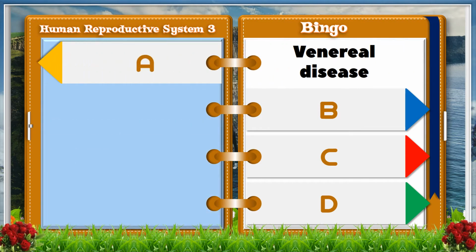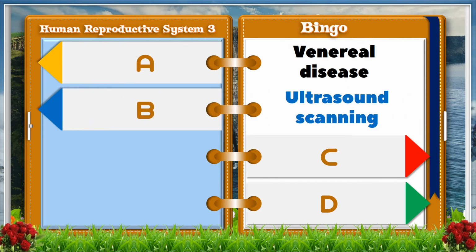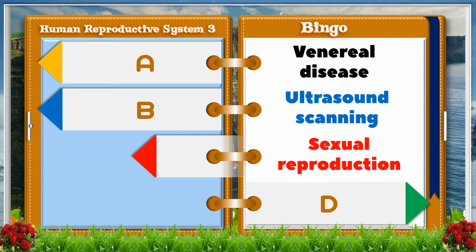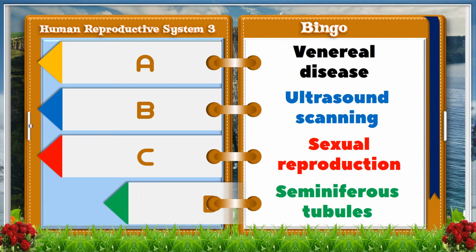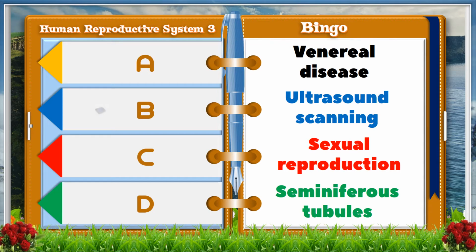A. Venereal disease. B. Ultrasound scanning. C. Sexual reproduction. D. Seminiferous tubules. And the answer is ultrasound scanning.